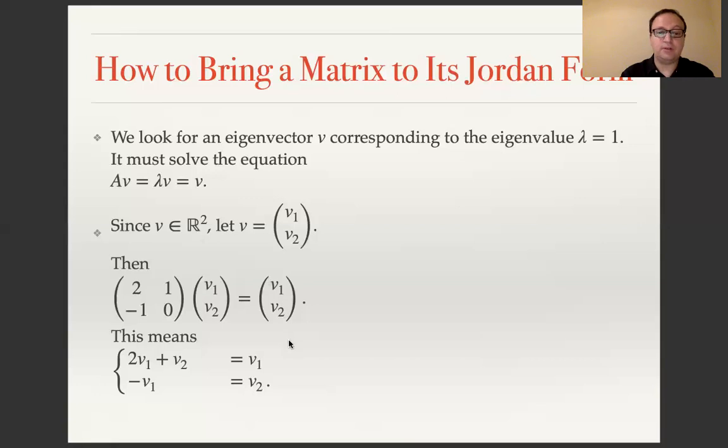So carrying out the multiplication, we have 2V1 plus 1 times V2 is equal to V1, and minus 1 times V1 plus 0 times V2 is equal to V2. So 2V1 plus V2 is V1, and minus V1 is equal to V2.